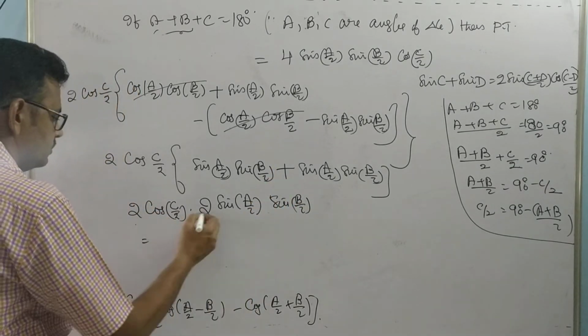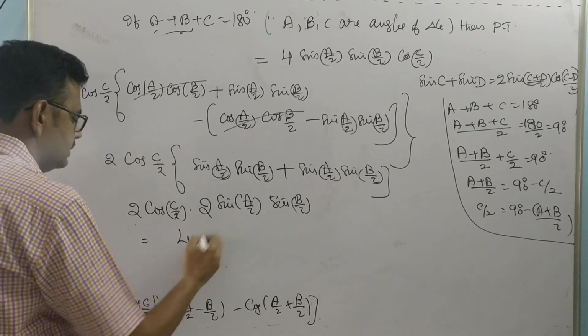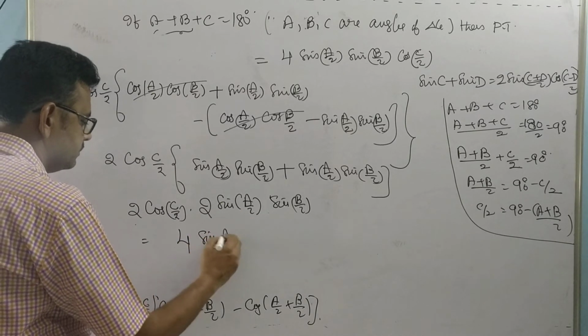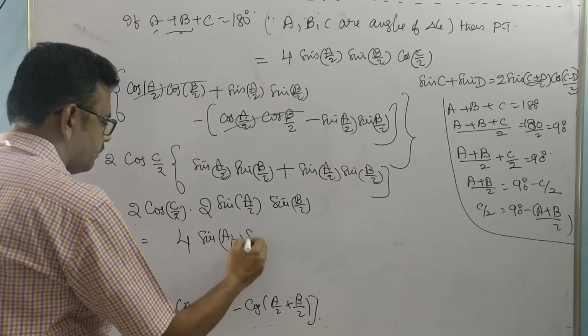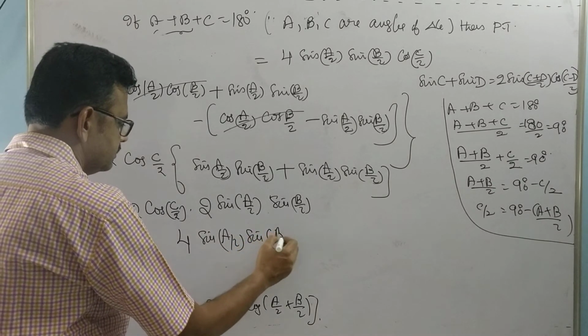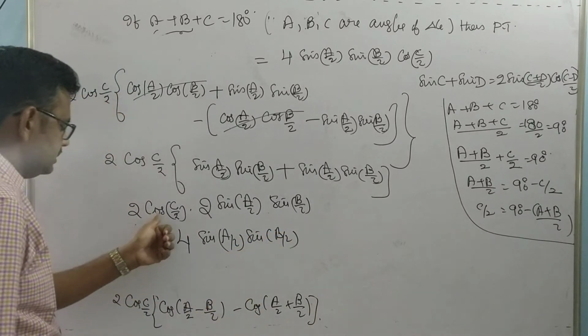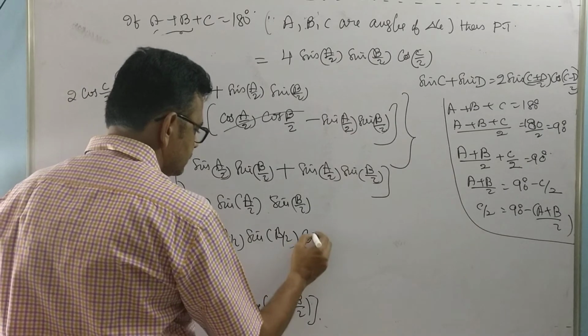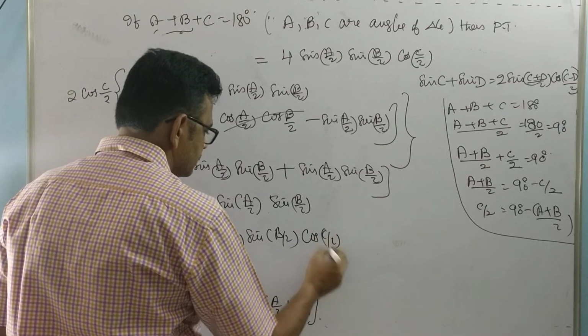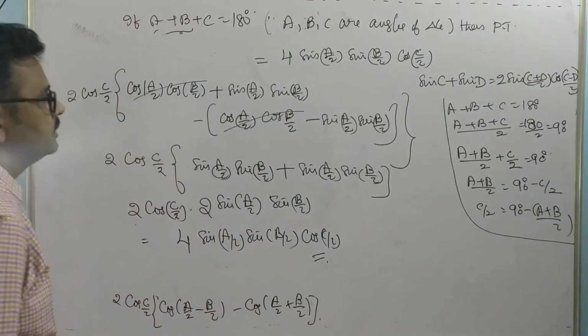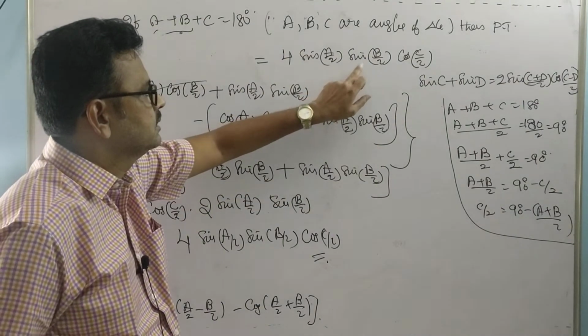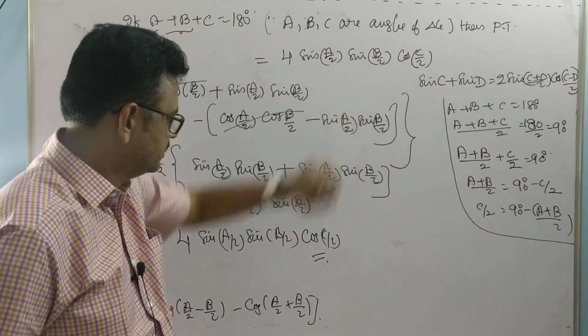So 2 twos are 4: 4 sin A by 2 into sin B by 2 into cos C by 2. So this is the result. Okay.